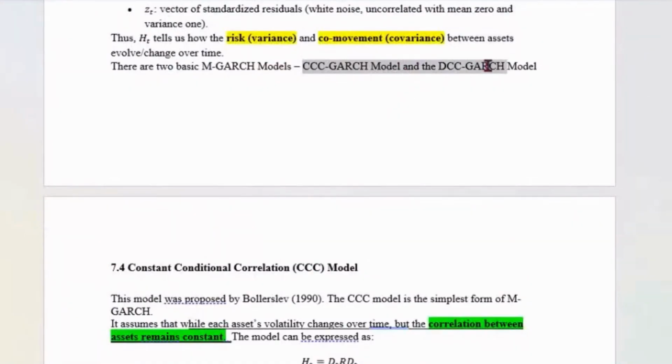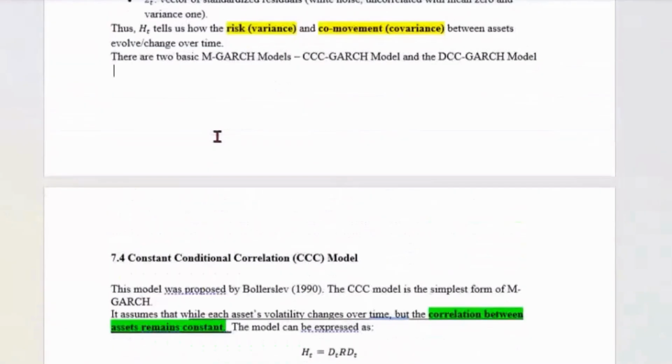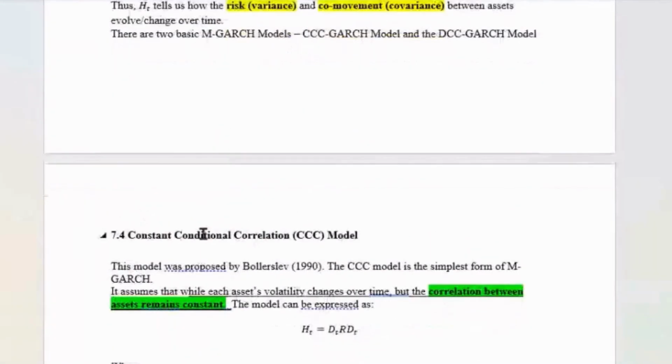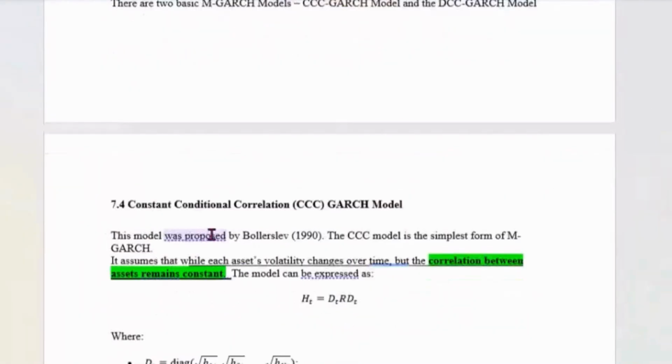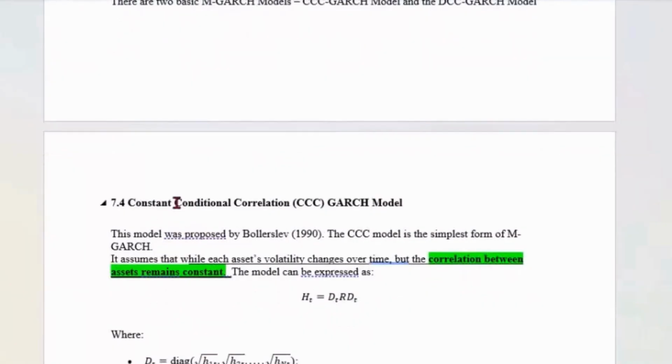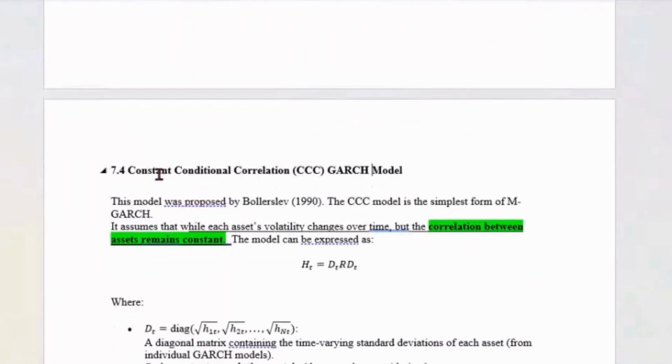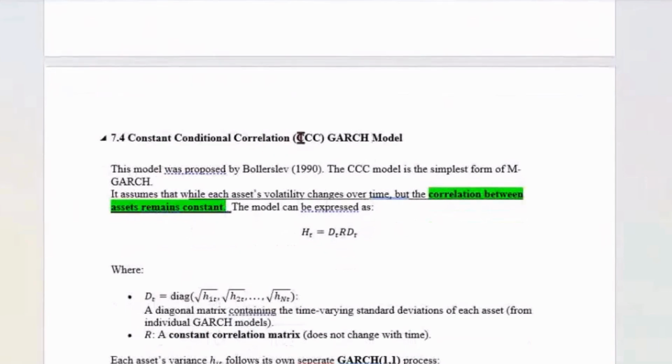The first one is the constant conditional correlation GARCH model, and the second one is the dynamic conditional correlation GARCH model. So let's start with the first one. This model was proposed by this guy.